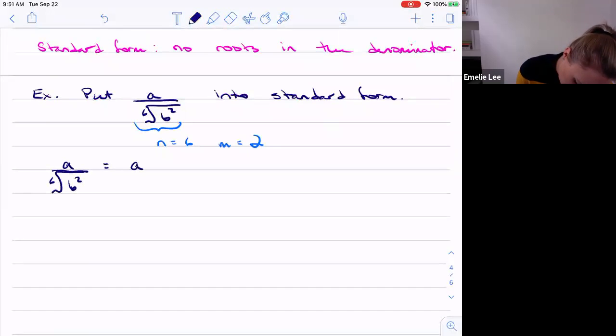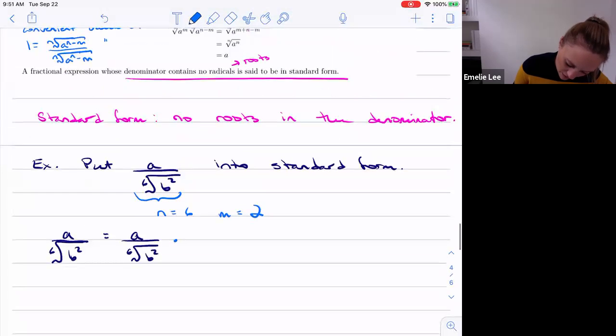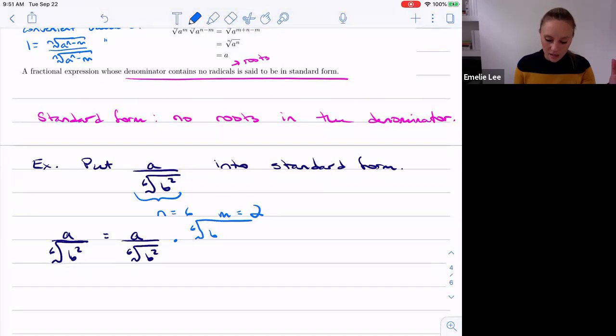But what we're going to do is we're going to have a over the 6th root of b squared, and then times the 6th root of b, right? It's not a anymore.